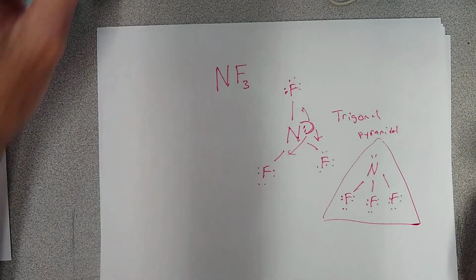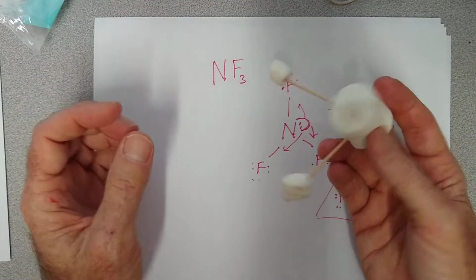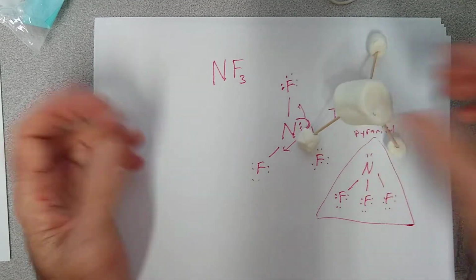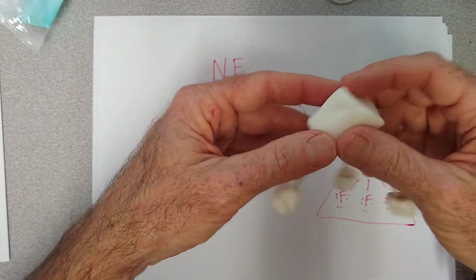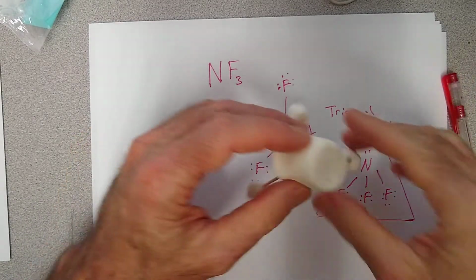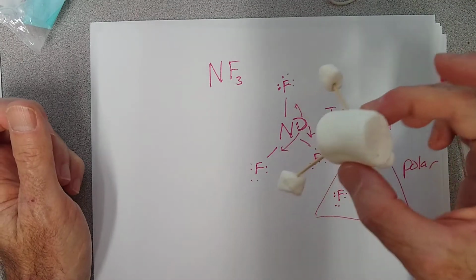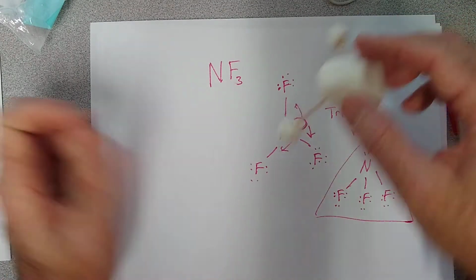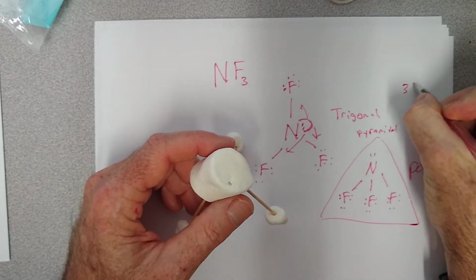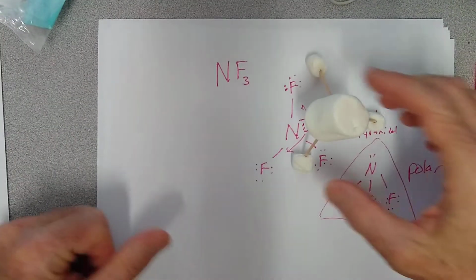Now, look at the shape right here. Does it have a top and a bottom? Does it have 2 different ends? Yeah, this is also a polar shape. And take a look at this shape. It's not 2-dimensional. It's 3-dimensional. It's a 3D shape. So if you were ever asked how many dimensions nitrogen trifluoride has, you'd say that thing's a 3D shape.